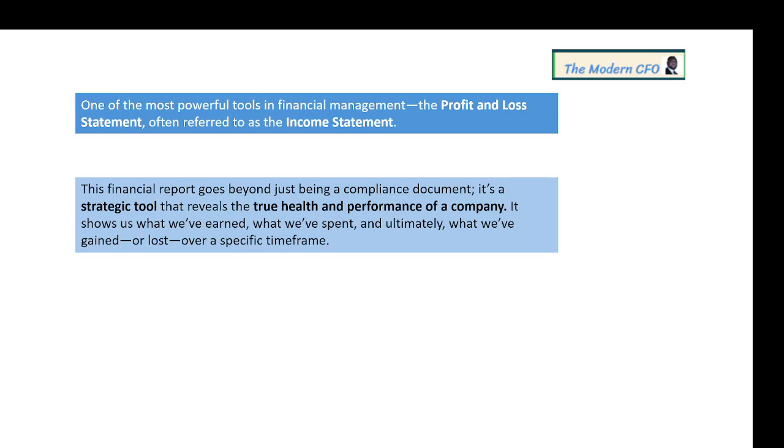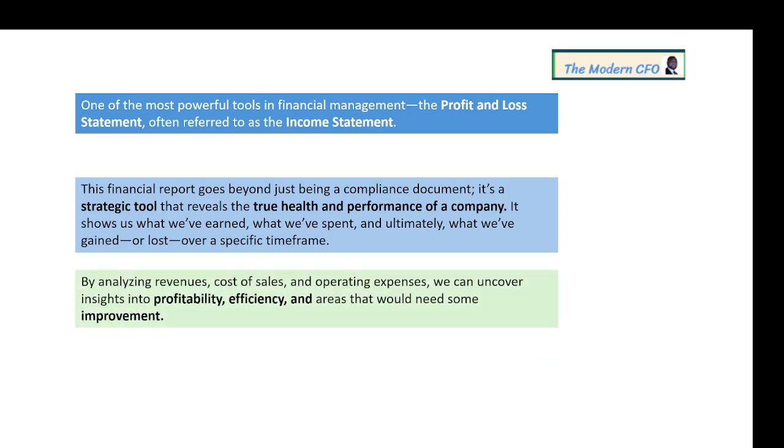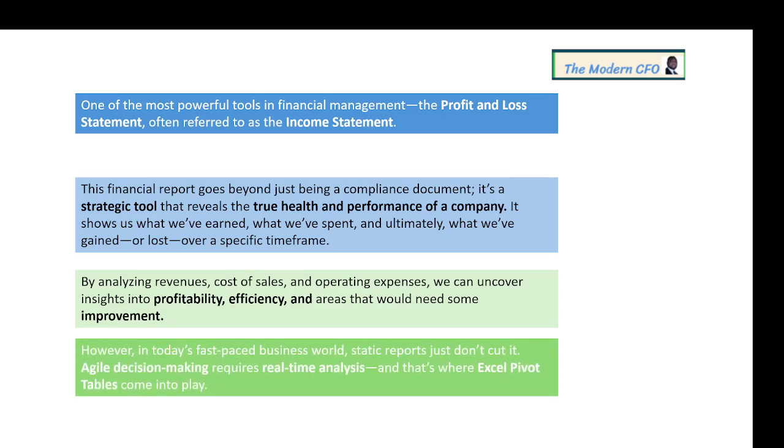It is a strategic tool that reveals the true health and performance of a company, because it shows what we have earned and what we have spent, and whether the company is in gain or loss for a specific period of time. By analyzing your revenue, your cost of sales, and operating expenses, you can easily uncover insight into your profitability level, your efficiency level, and other areas that need improvement.